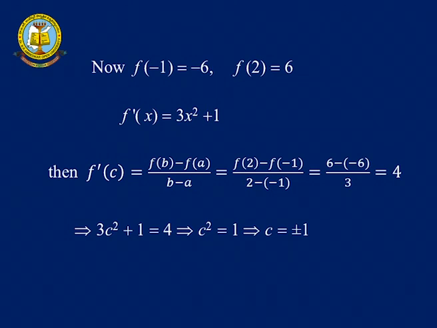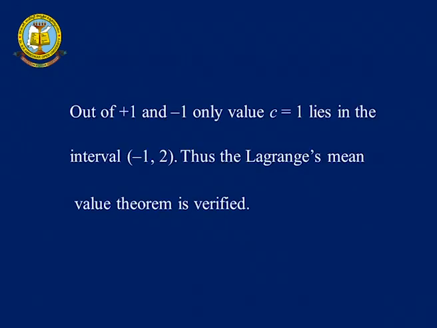But we have f dash of x equal to 3x square plus 1, then f dash of c is 3c square plus 1. 3c square plus 1 equal to 4. From there we can write c square equal to 1. C square equal to 1 means c is plus or minus 1. Out of that plus or minus 1, only c equal to 1 lies in the interval minus 1 comma 2.